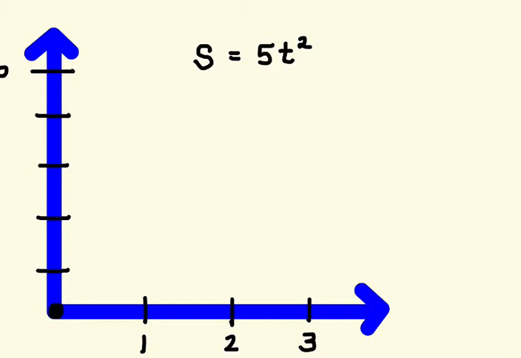At time 1, we've moved 5, so that puts us about here. At time 2, 2 times 2 is 4 times 5 is 20, so we're about here. And at time 3, 3 times 3 is 9 times 5 is 45, so we're about here.